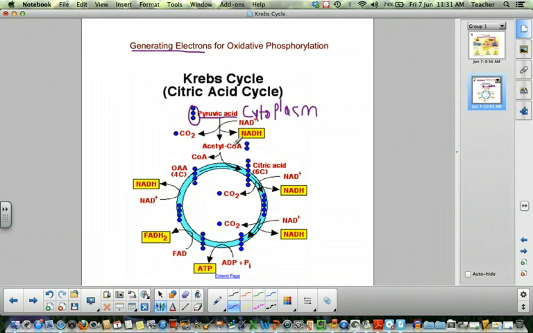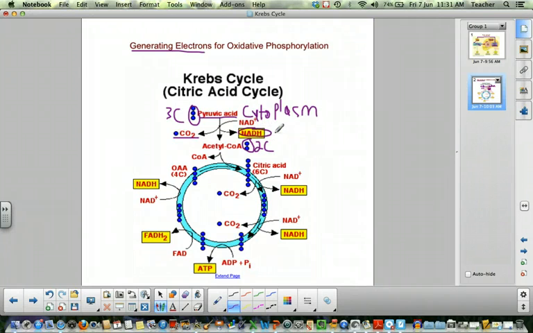It's going to go through a change into something called acetyl-CoA, which, as you can see here, is a 2-carbon compound. Okay, so we start off with pyruvic acid, which is a 3-carbon compound, and we move it to acetyl-CoA, which is a 2-carbon compound. In the process, we lose carbon dioxide. But we also make a NADH.